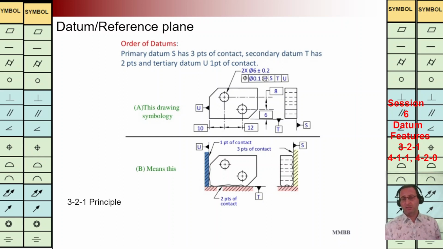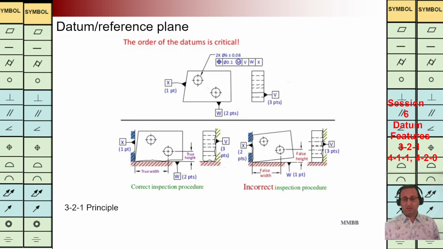It is not important which letter we are going to use here, A, B, C, S, T, U. The order is important. Why is the order of datums important? In this example, we have V as a primary, W as a secondary, and X as a tertiary datum plane.